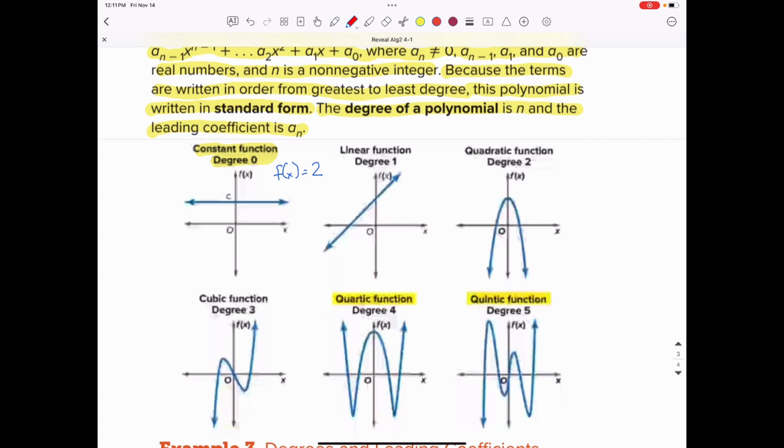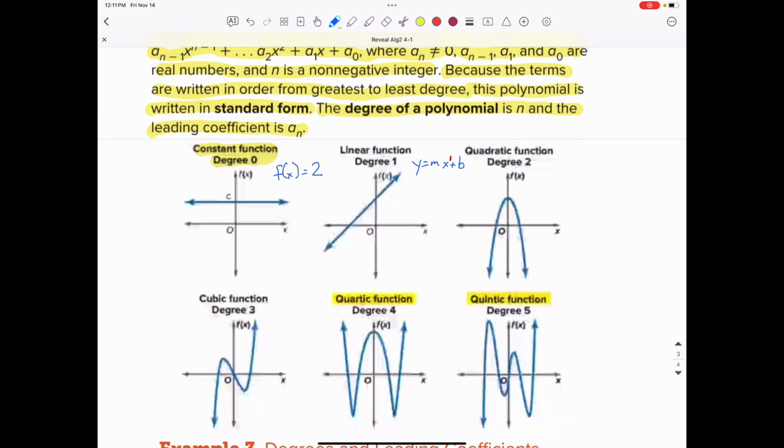We already know what a linear function looks like. Linear functions are going to be in the form of our usual y equals mx plus b. Since there is no exponent to be seen, there is a degree of 1, because if you don't see an exponent behind a variable, the assumption is it's always going to be 1. And we know what straight lines look like already. And we've already talked about quadratic equations.